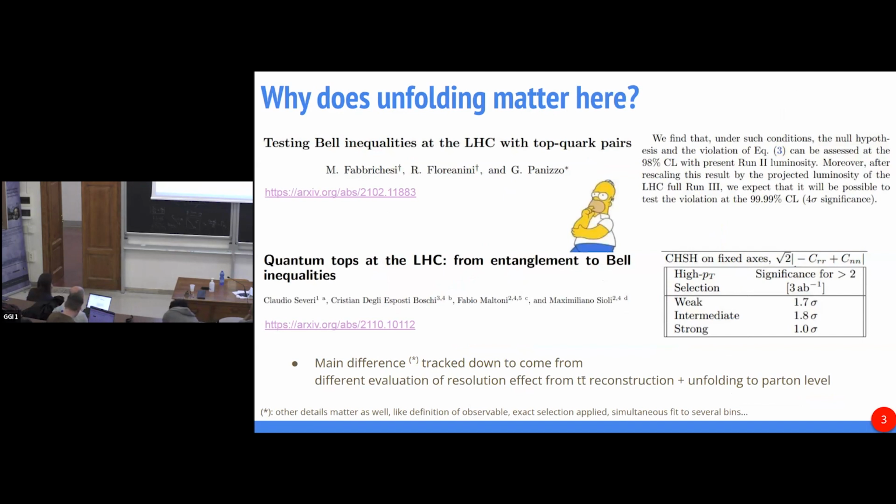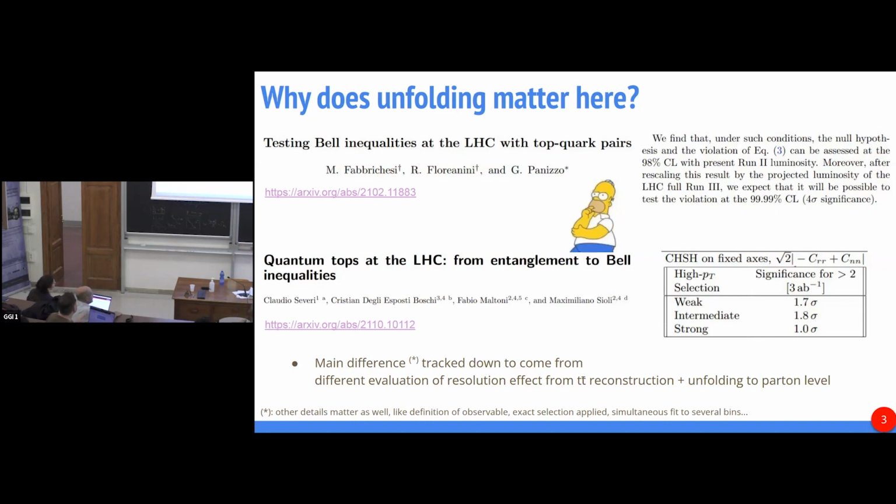This is an unbiased random selection of two papers where I was involved at some point, to try to understand the difference between their conclusions. The first paper claimed we can observe a Bell inequality violation with ttbar already with Run 2 data. The other paper said no, we cannot, even with the high luminosity. We are going closer, but no. We were trying to understand what is going on. Is the power of the observable very different and so on?